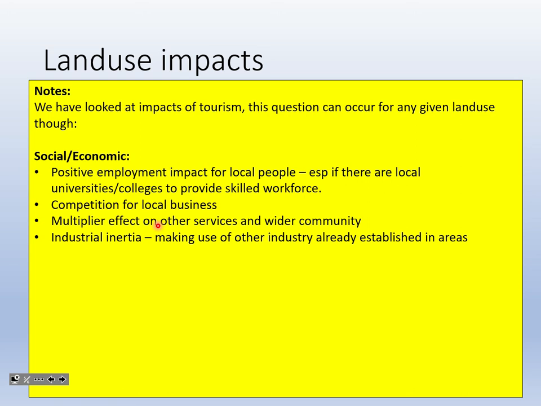So if you're setting up a car factory and there are already car factories in the area, it's reasonable to assume that there is a local pool of people who are experienced in the production of cars, who have knowledge in the production of cars, who have the relevant training. There will be locals and schools, colleges and universities that offer the relevant training. And for want of a better way of saying it, it's in the blood of the area to do that thing. So it's a good location to locate.